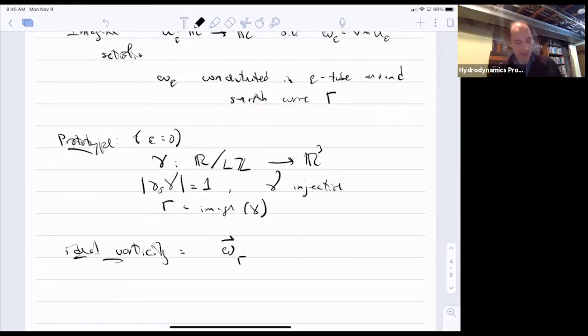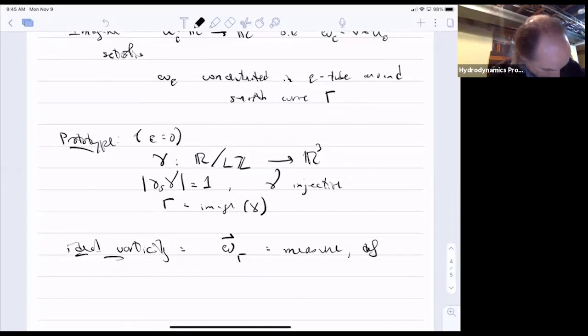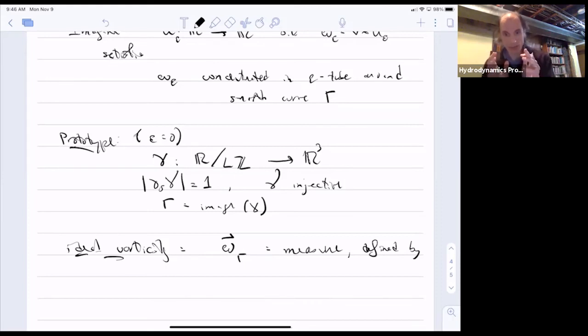This would be a measure, a vector valued measure defined as follows. If I want to define a measure, I have to either tell you how it acts on sets, a measure is a set function that acts on measurable sets, or I can tell you how it acts on functions. And let me do the latter.